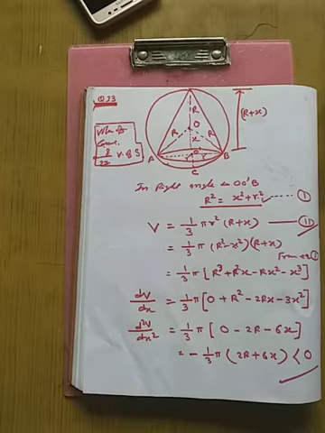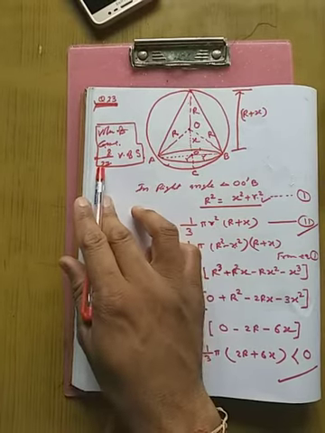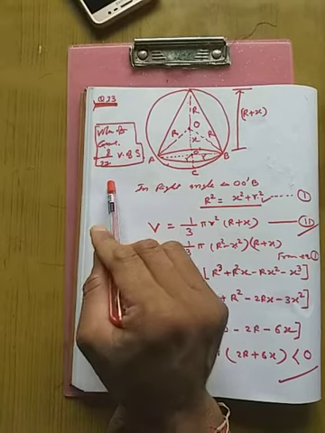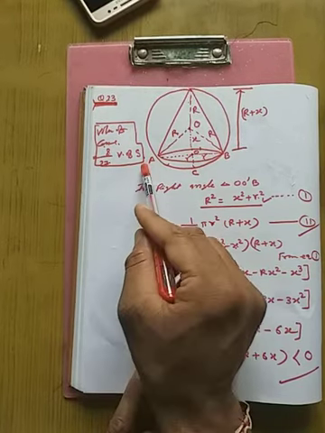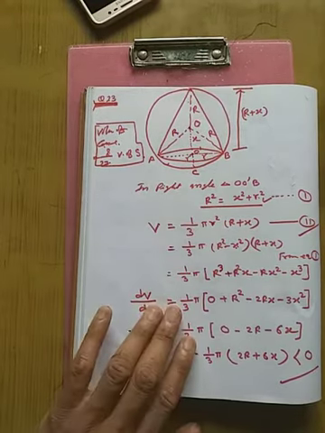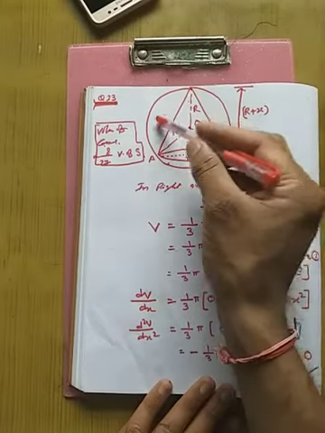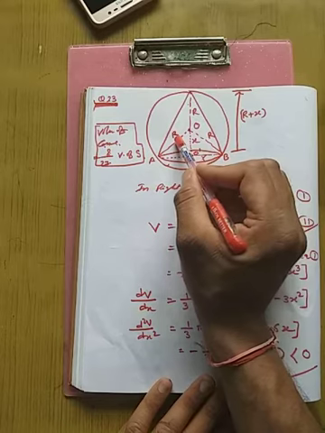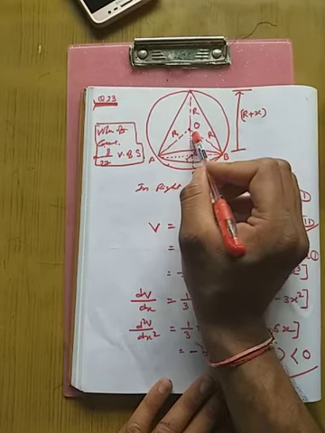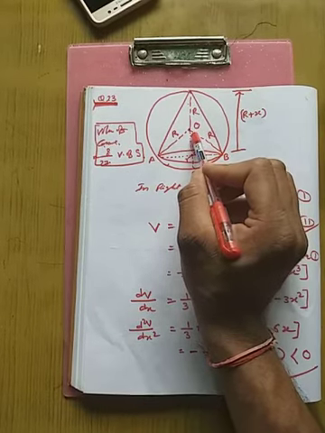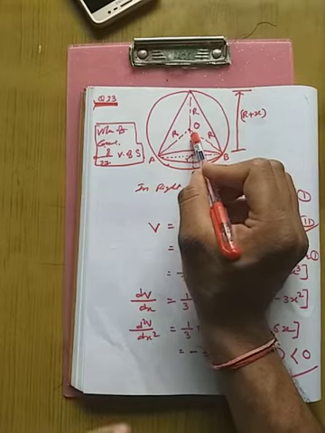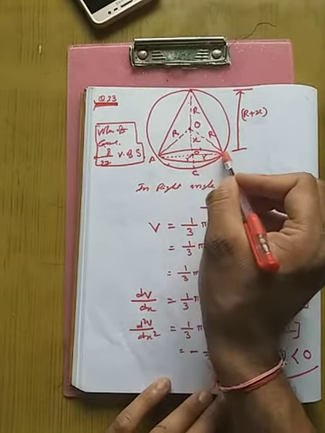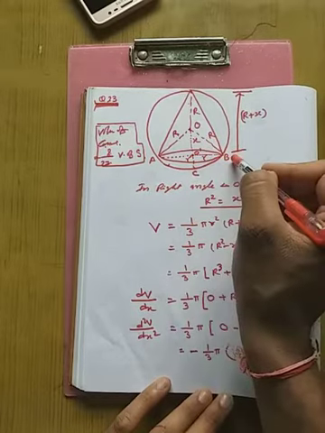And we have to prove that the volume of this cone is 8 upon 27 times the volume of the sphere, right? Okay, you have to understand this arrangement. Capital R is given, which is the radius of the sphere, right? Small r is the radius of the base of the cone, right?